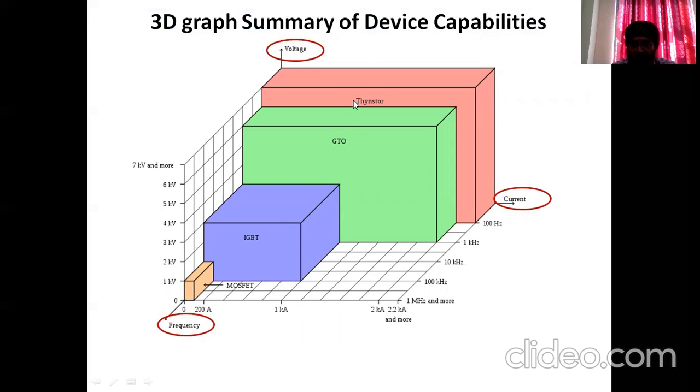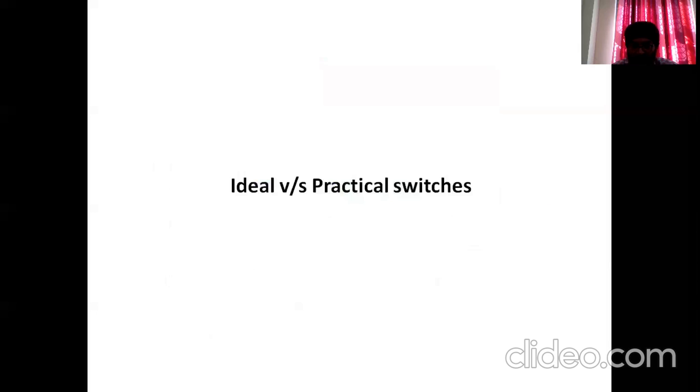At even lower frequency of operation, we have thyristors, but they can cover large current carrying and voltage carrying capabilities. So based on this figure, you can decide, based on the application, which device to be used as a switch in that particular application of power electronics.